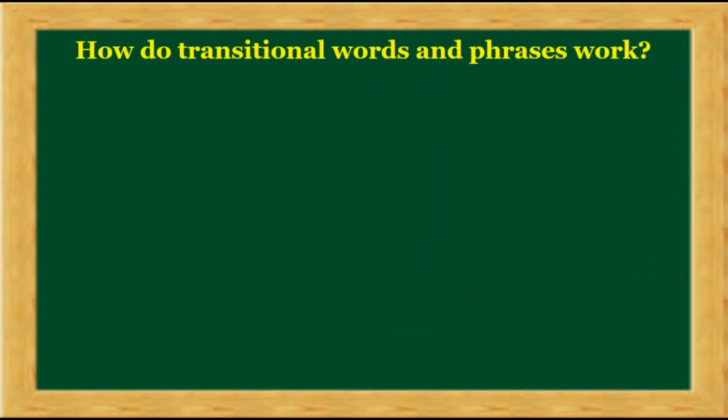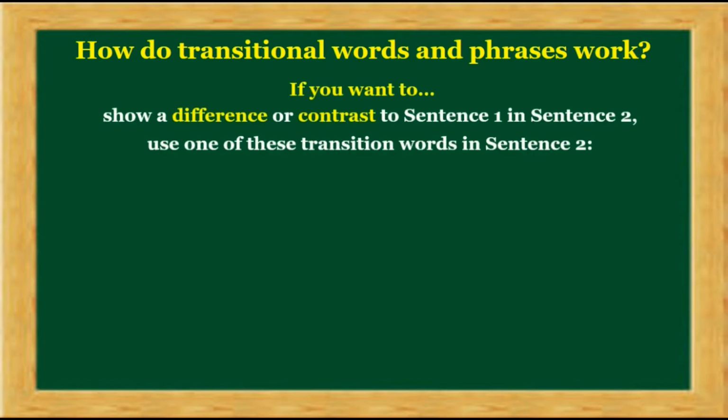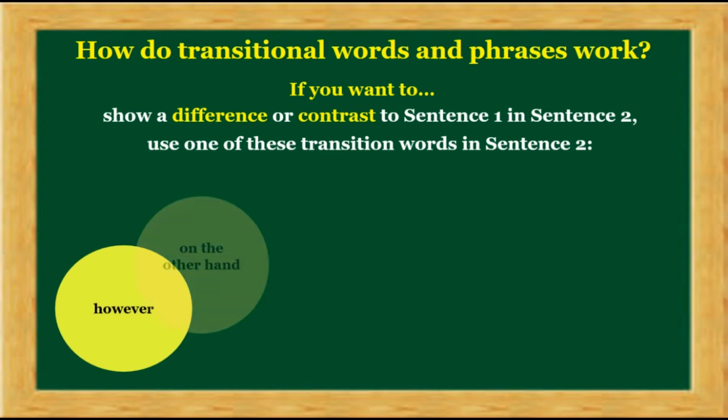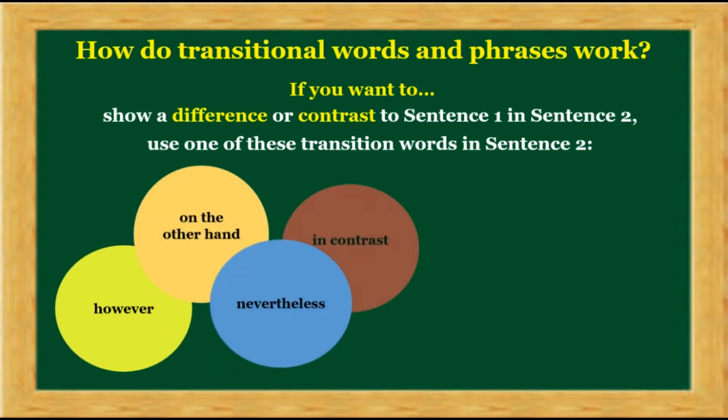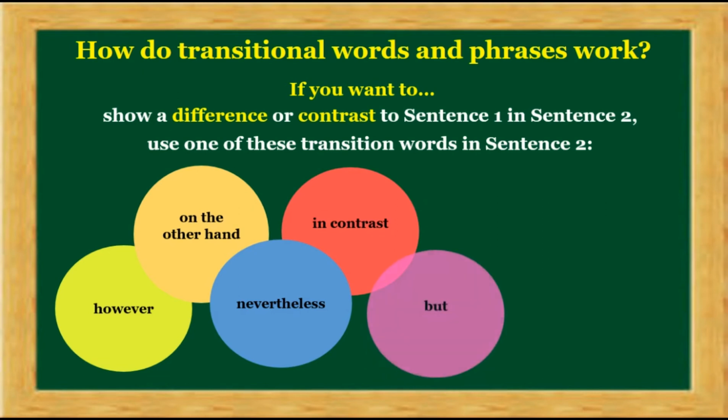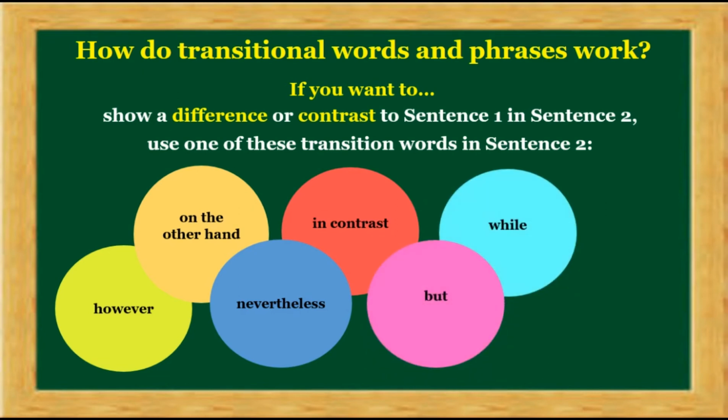If you want to show a difference or contrast to sentence 1 in sentence 2, use one of the following transition words in sentence 2: however, on the other hand, nevertheless, in contrast, but, while, or despite.